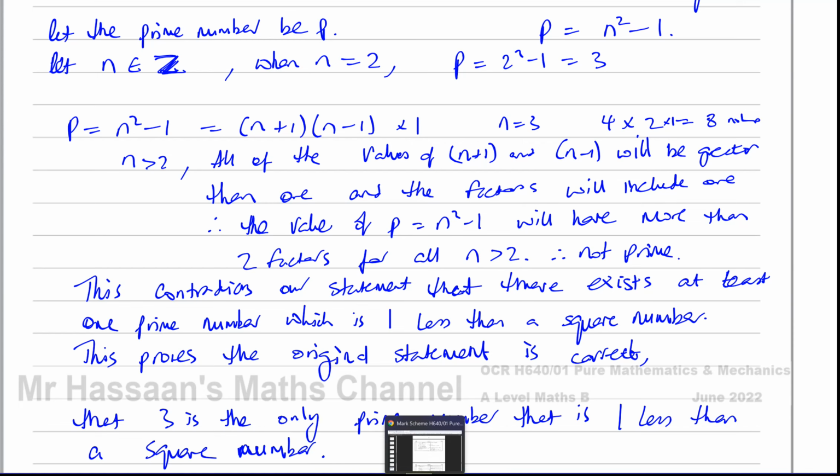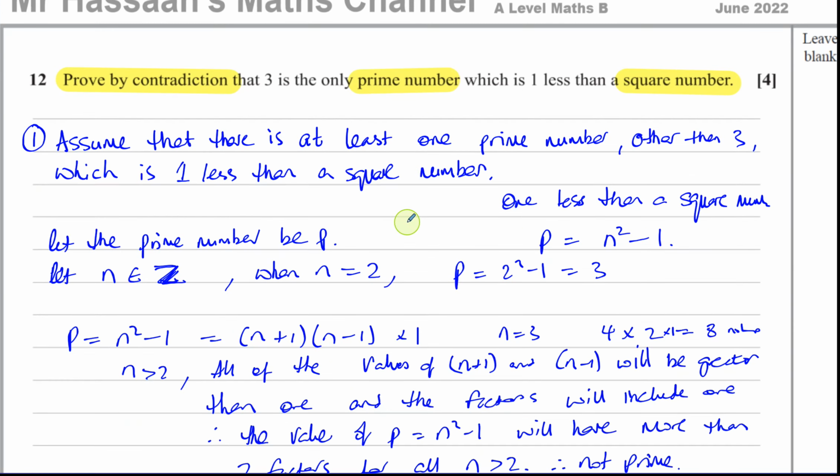Okay, so that's basically what you need to do to get the marks, but just try to be a bit neater than I am.